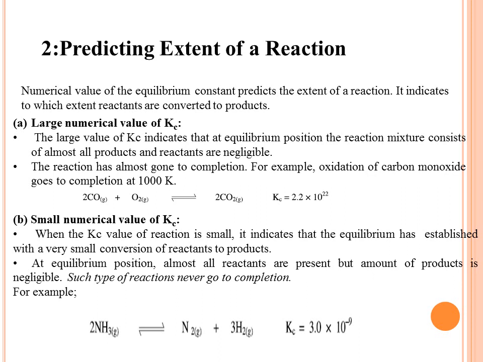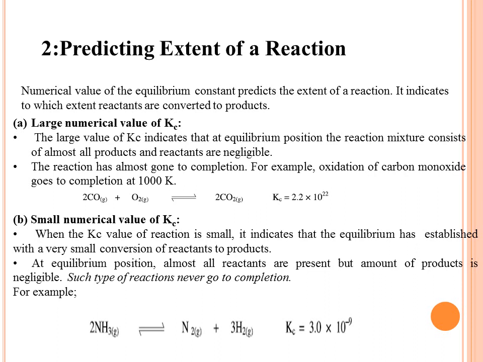If the value of Kc is large, it indicates that at the equilibrium position, the reaction mixture consists of almost all products and the reactants are negligible. It means that equilibrium is achieved quite later and more products are formed. The reaction has almost gone to completion.